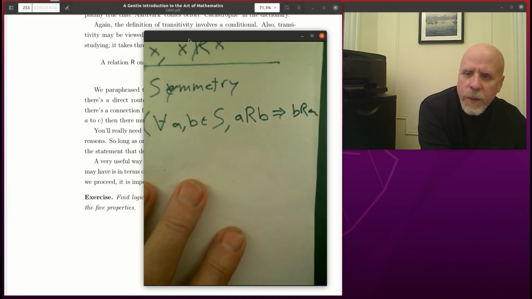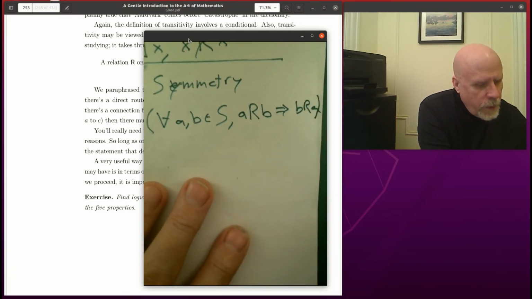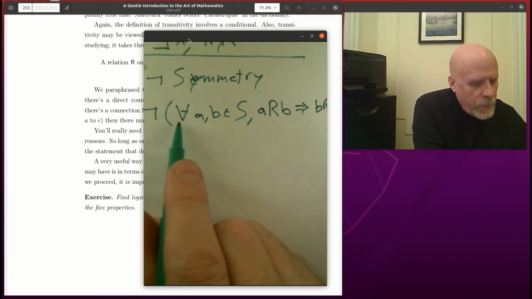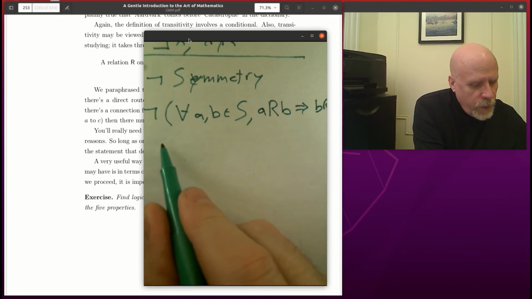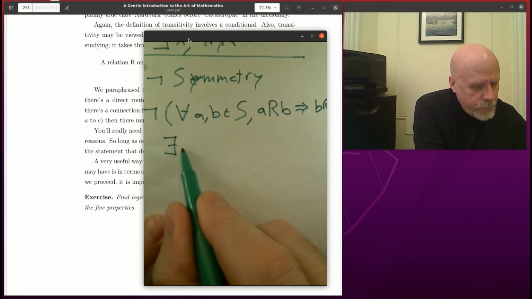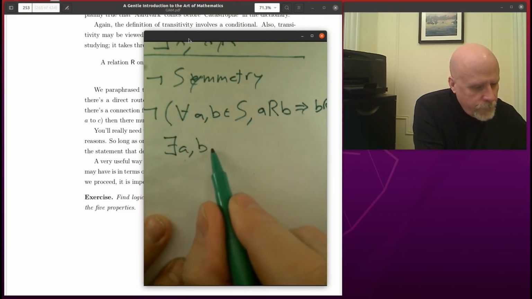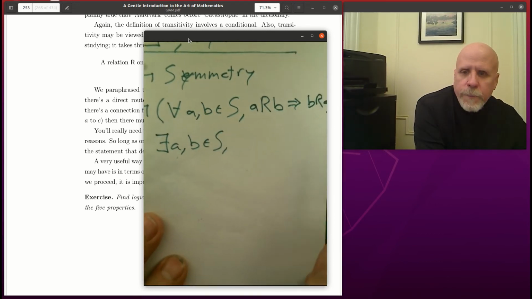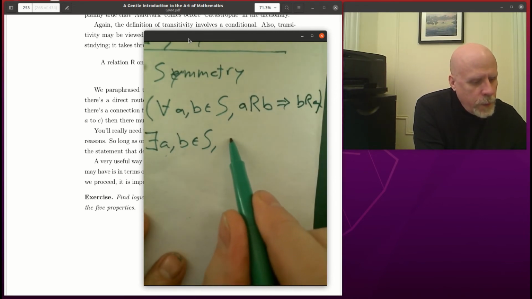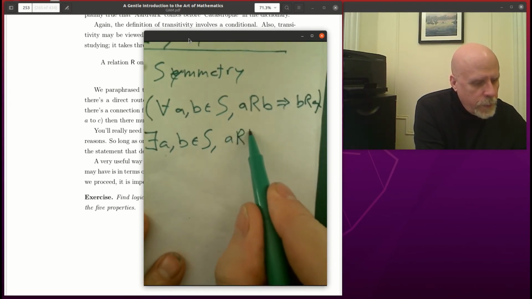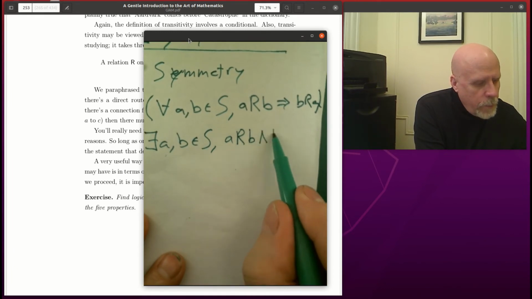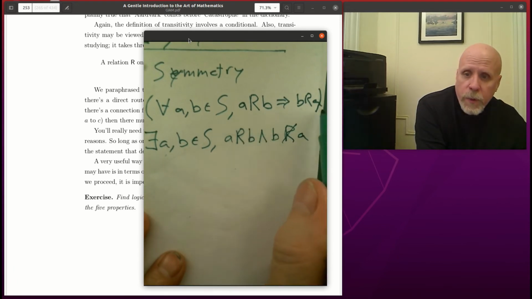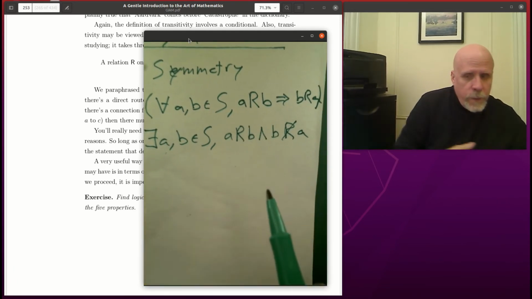Doesn't quite all fit on the page. But I think I'll make it fit when I actually do the negating part. We'd negate this by changing the quantifiers to exists. And we need to negate that conditional. That would be A is related to B, and B is not related to A. The if part is true, but the then part not. And that gives you the negation of a conditional.